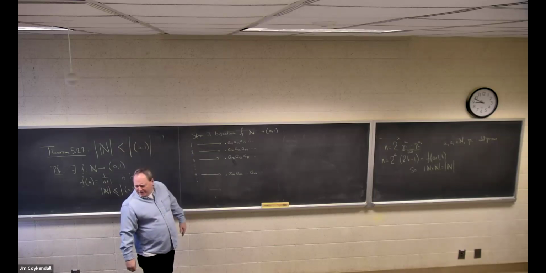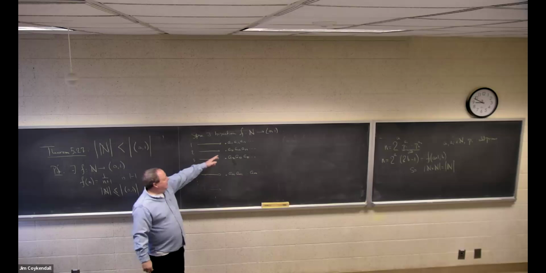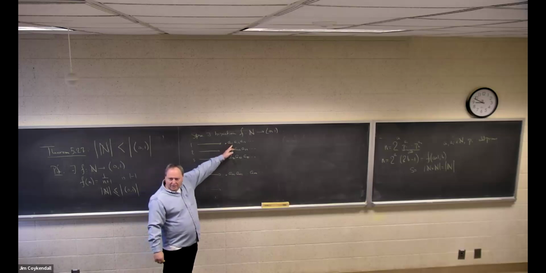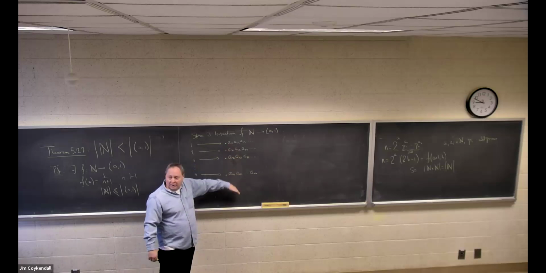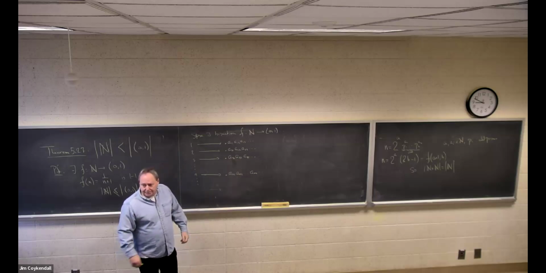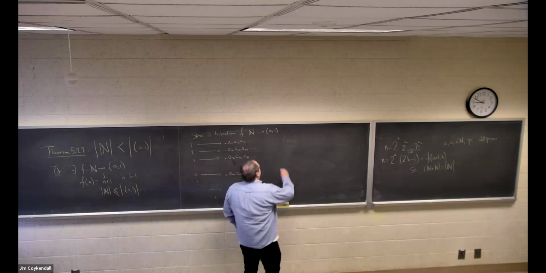So suppose we have a bijection, right? That means that every real number in the interval from 0 to 1 is somewhere in this right column, right? Let me construct it.